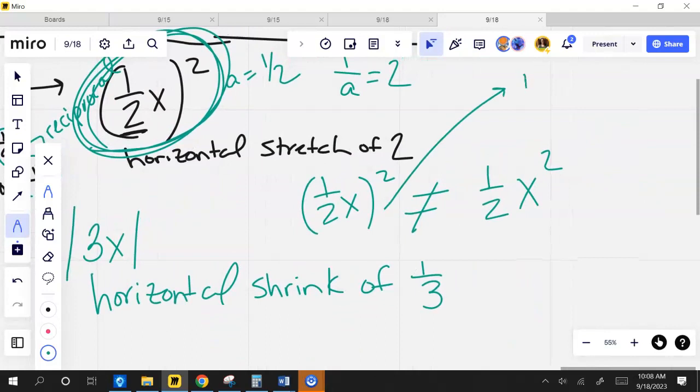It would have to be 1/4 x squared. So in this case, a horizontal stretch of 2 would be the same thing as a vertical shrink of 1/4 because there's an operation going on there. So that's why I said they're not the same factor every time, but a vertical shrink is always a horizontal stretch and vice versa. But the factors could vary depending on what the function is that you're looking at. So be careful if you want to use them interchangeably. Okay?